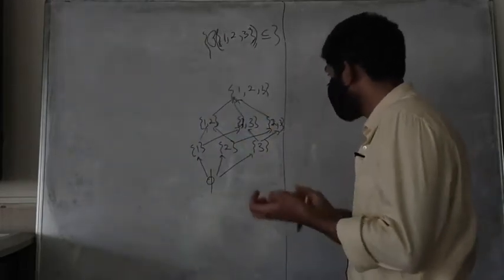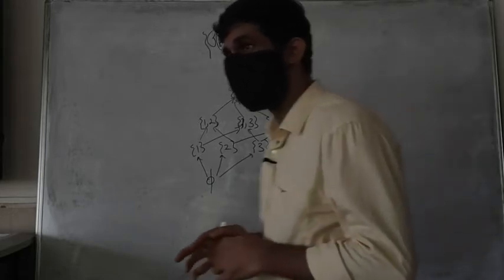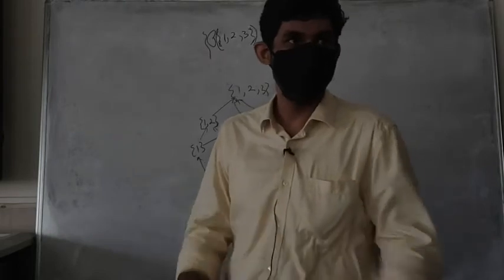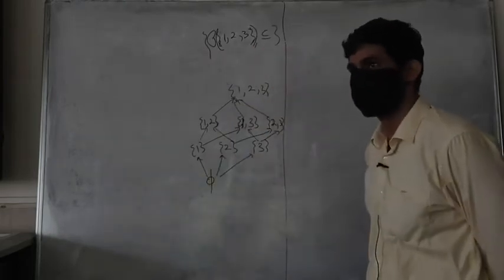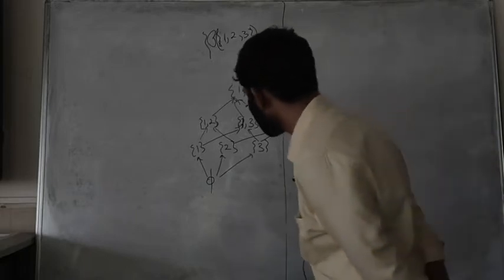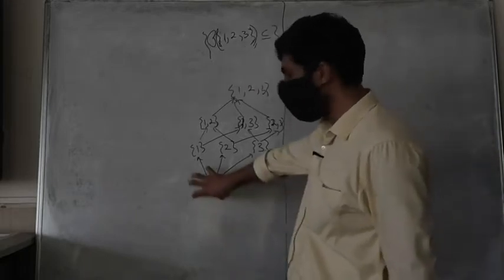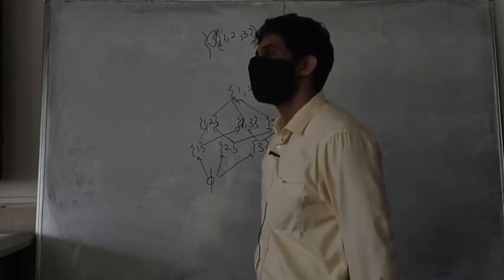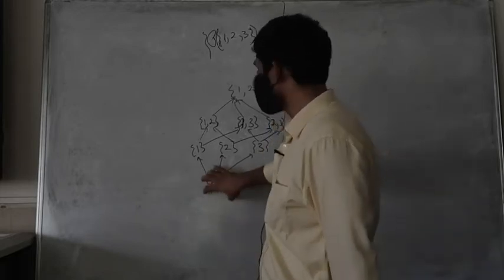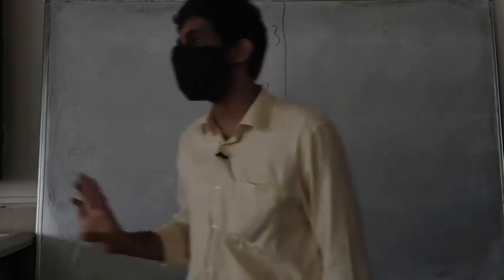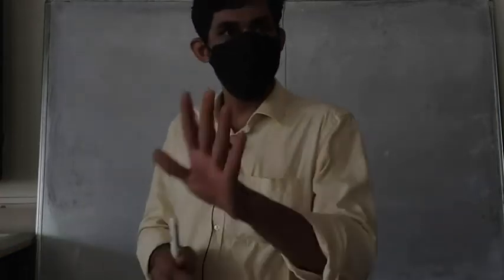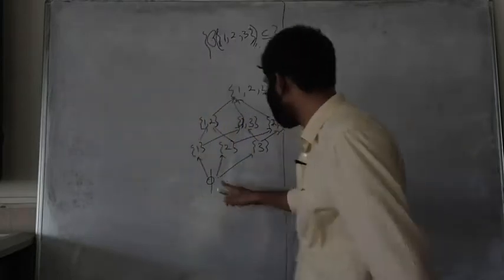Okay, now from this you can easily tell what is the size of the largest anti-chain. Can you tell the size of the largest anti-chain? Okay, so firstly, the empty set cannot be in any anti-chain, right? Why? It can be in only one anti-chain, that is the singleton, the empty set itself.